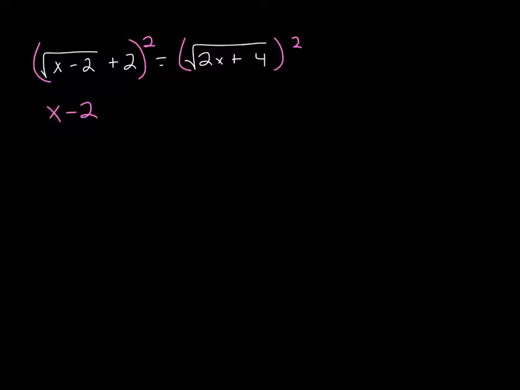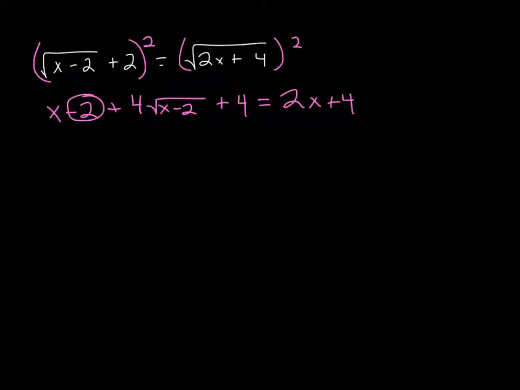Then we have to double the product. So 2 times radical x minus 2 times 2 would be 4 radical x minus 2. And then square the last, plus 4. So we do still have a radical on this side. We do get rid of the radical on the right. So you can only get rid of one at a time.